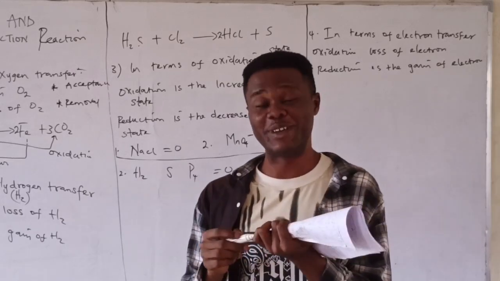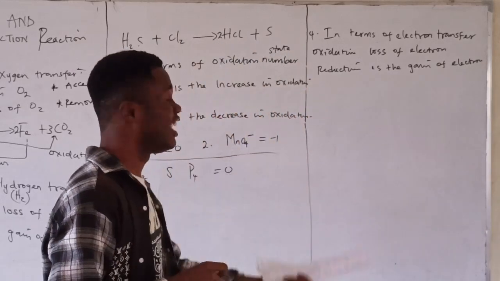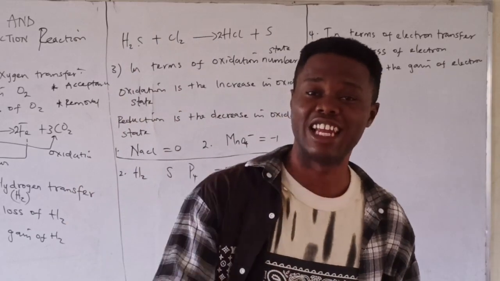So this is a very simple definition of oxidation and reduction in terms of electron transfer.